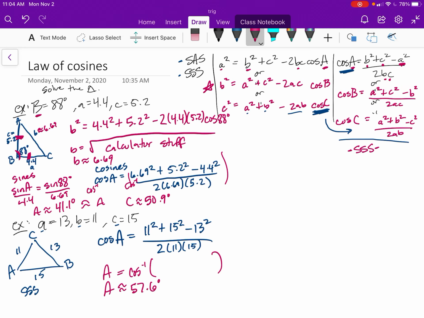Okay. Now that you know A, again, you have choices. Do you want law of sines or law of cosines? Either one works. Again, I like law of sines, so I would just jump to that. Sine A over A, so sine 57.6 over 13 equals sine B over B. And then multiply by 11 and do your sine inverse. Again, this is calculator work.